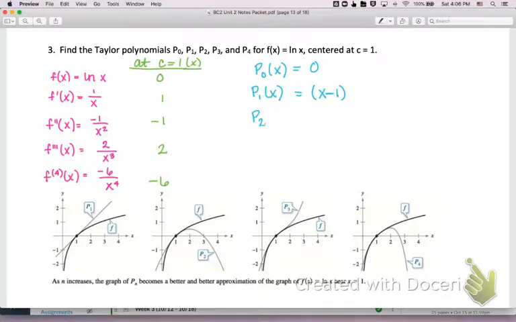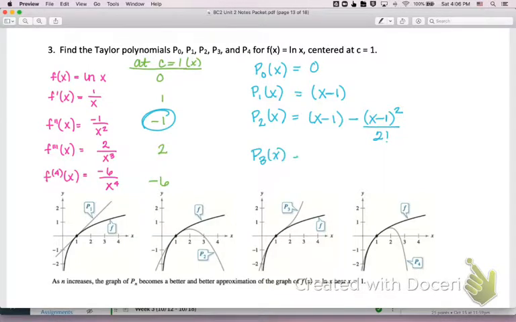The second one, P2 of x, is going to be x minus 1, that's what we started with, plus the coefficient of the next one has to be negative 1. So really, instead of a plus, we want a minus here, x minus 1 to the second over 2 factorial.